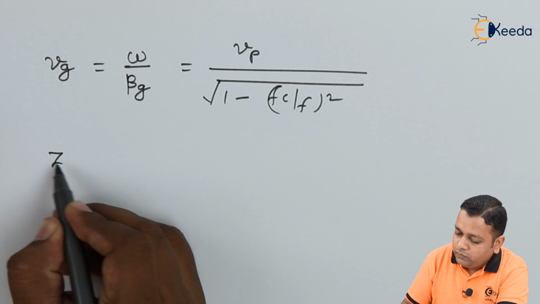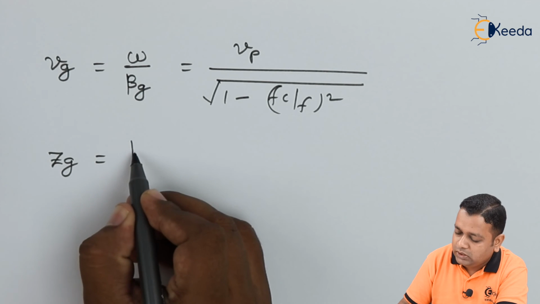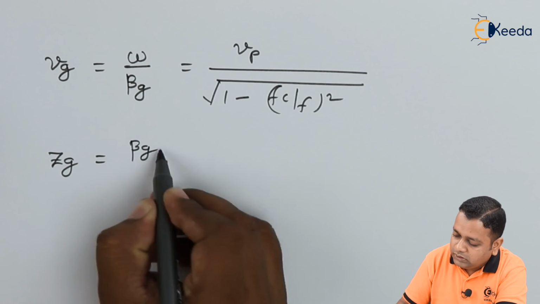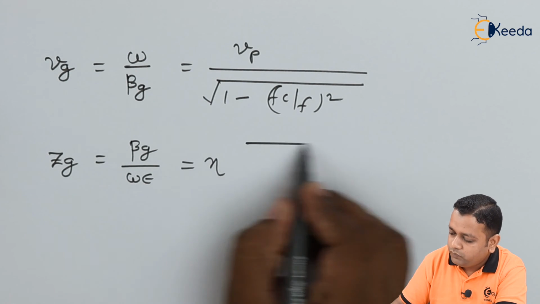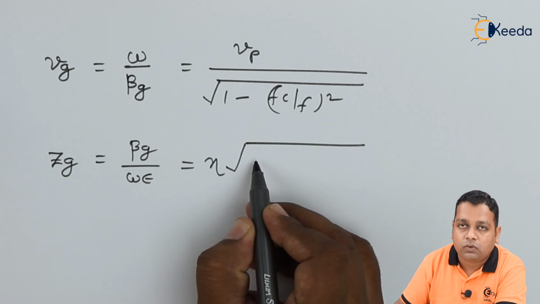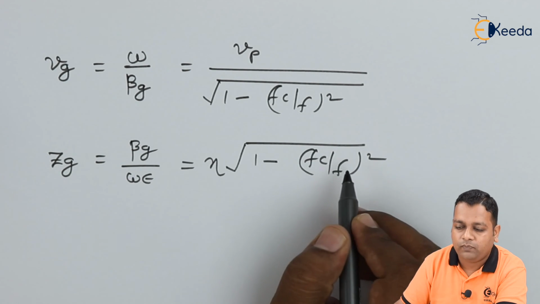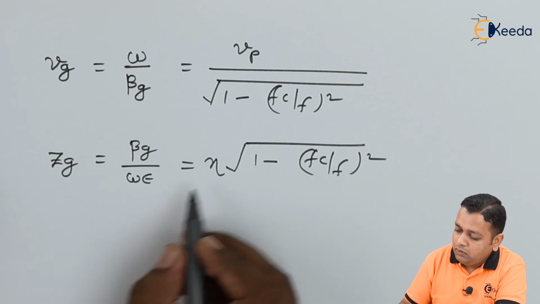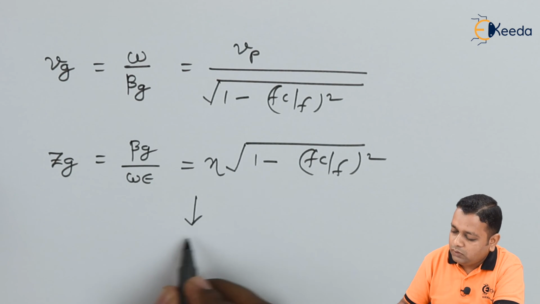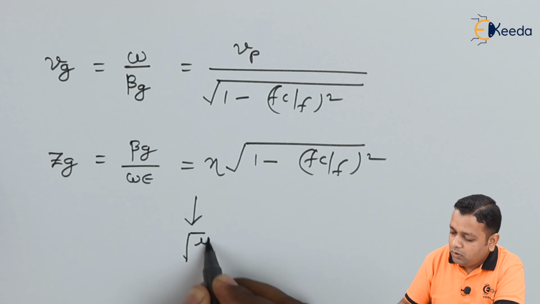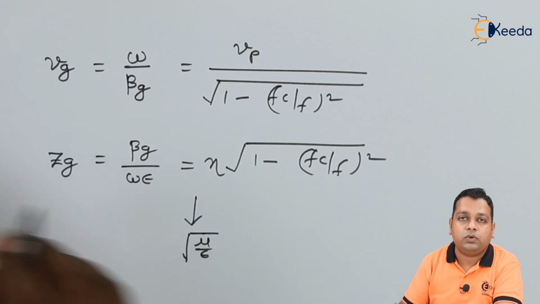And lastly, the wave impedance inside the waveguide Zg is the ratio of beta g divided by omega epsilon, equal to eta in multiplication to the square root of 1 minus fc by f, bracket squared. Here eta is the intrinsic impedance calculated for the medium, the square root of mu by epsilon.